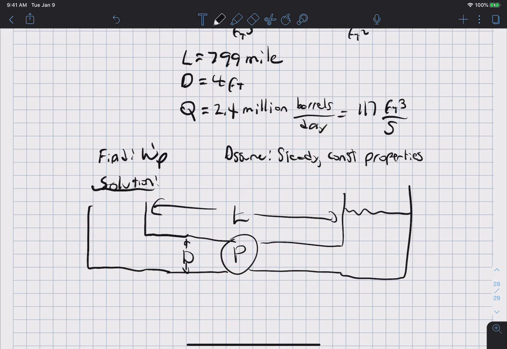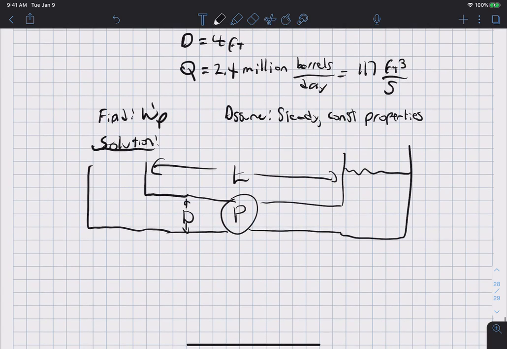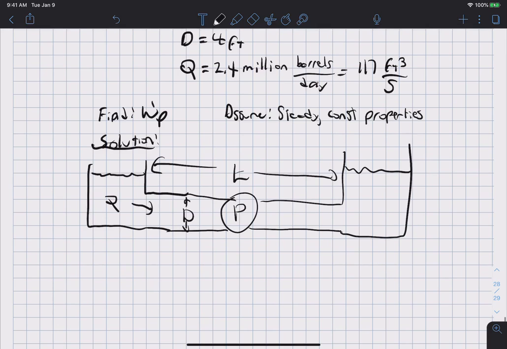Okay, and so essentially here we're going to draw our control volumes. And Q is going through the pipe. So you could pick states 1 and 2 to be out, in, or you could pick them to be here. It really doesn't matter.